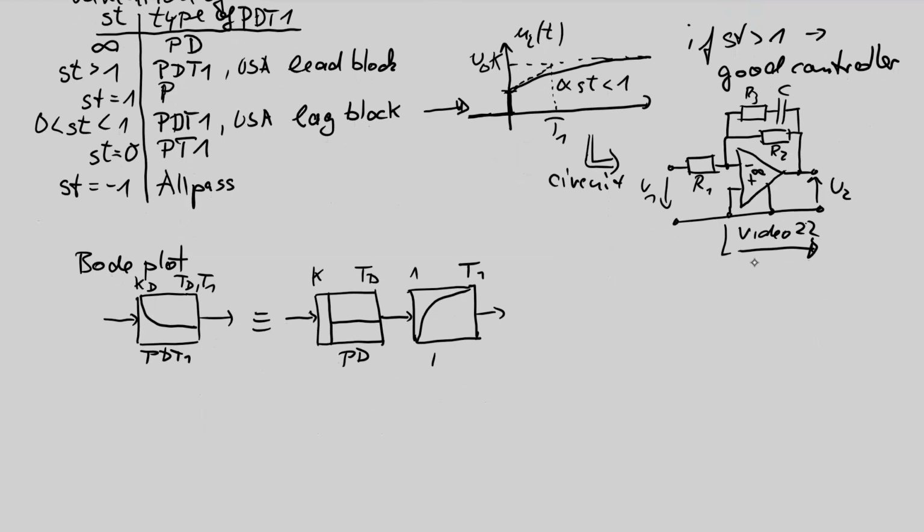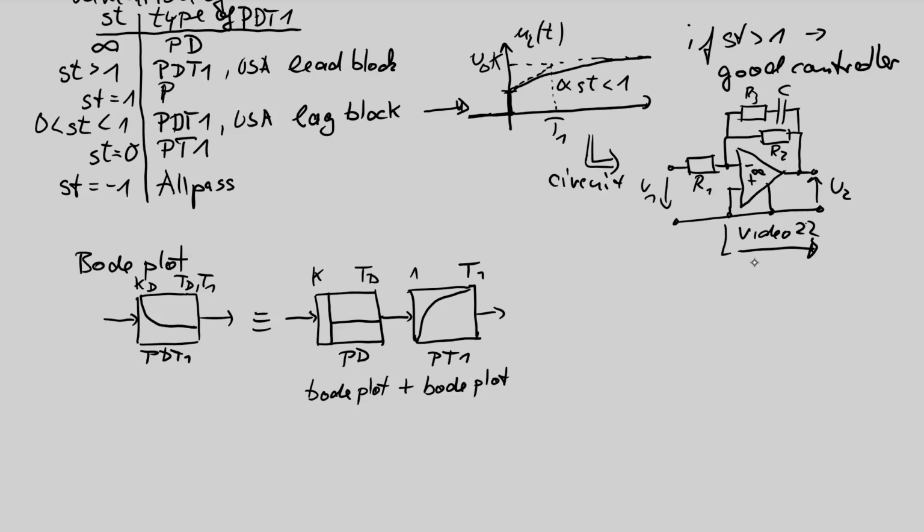It is PT1. The transfer functions have to be multiplied of both sections, and the Bode plots have to be added. So we have to look at the Bode plot of a PD, and here we know if we multiply the functions we have to add the Bode plots.